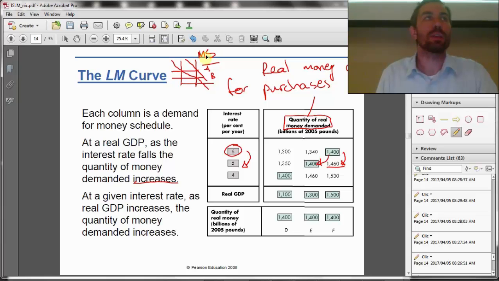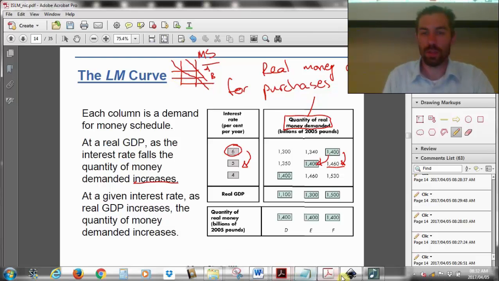Our money supply has no relationship to output. The only thing that has any relationship to output in the money market is the money demand curve. Okay? As output decreases, money demand shifts to the left. Are we happy with that idea? As money demand shifts to the left, equilibrium in our money market will be at lower and lower interest rates.